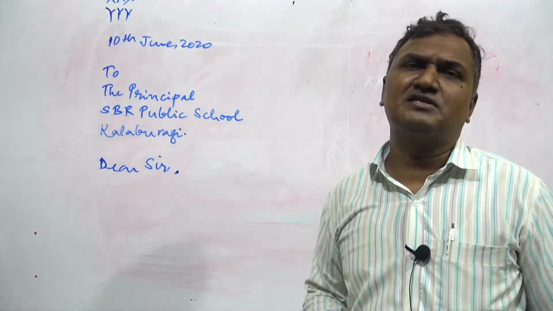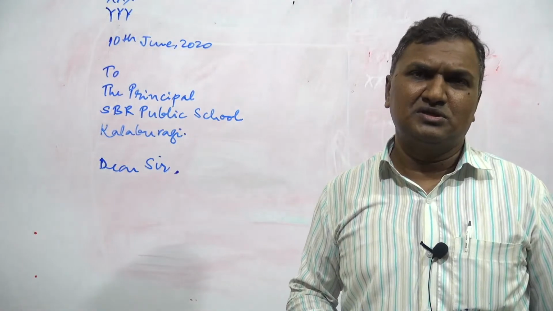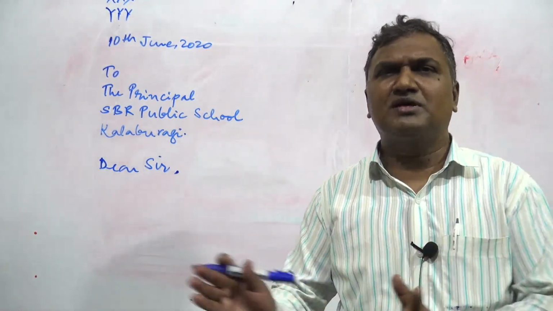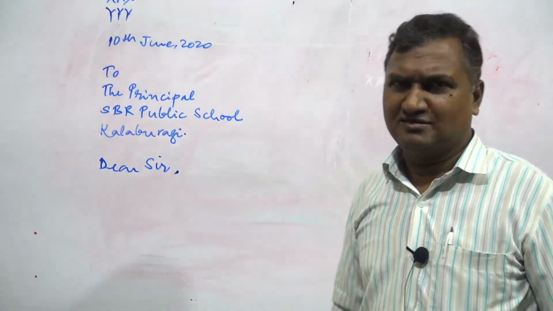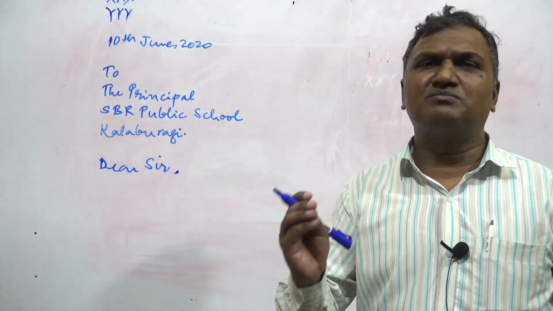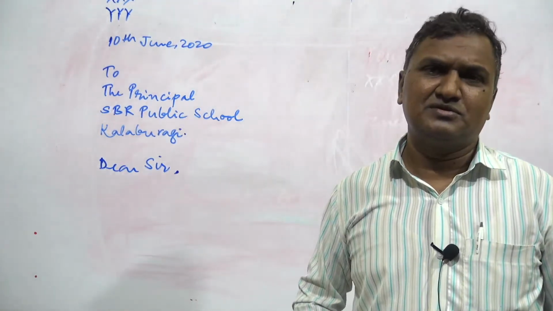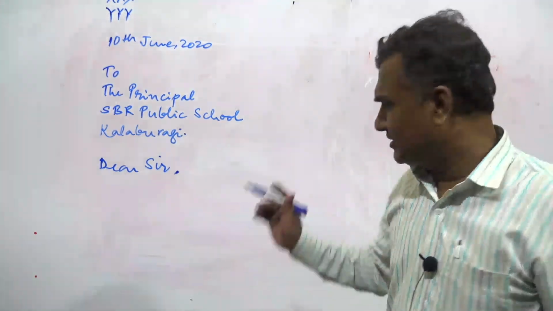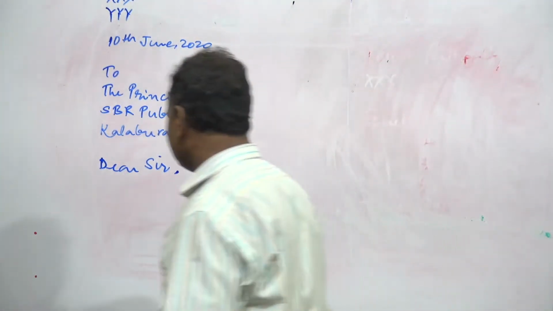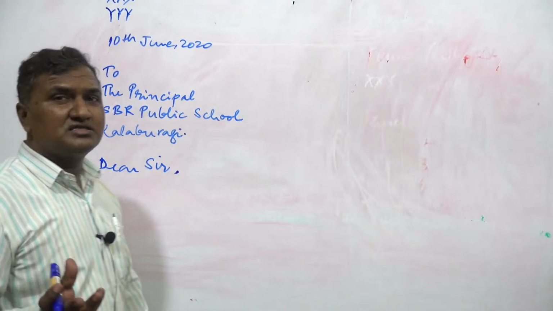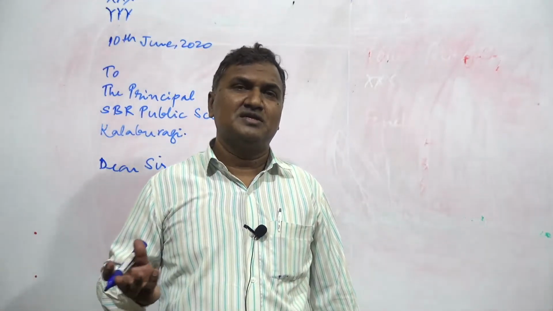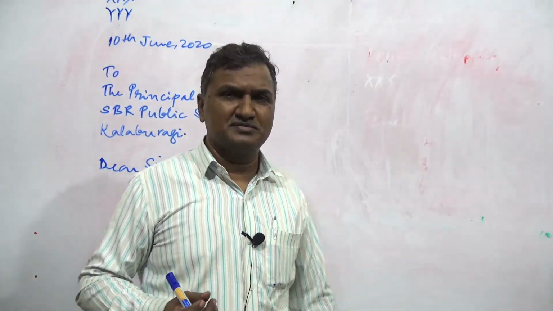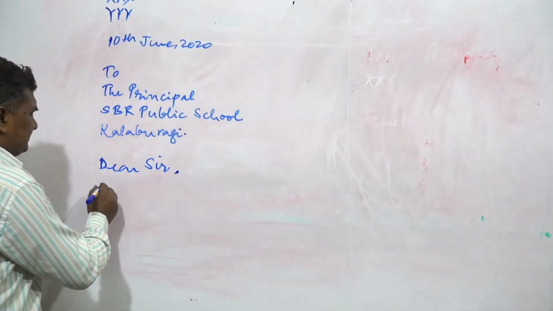But as we are writing for the exam purpose, we have to use the stereotypical sentence. What is that? With reference to the subject mentioned above. Or in accordance with the subject cited above. One of them we can choose.